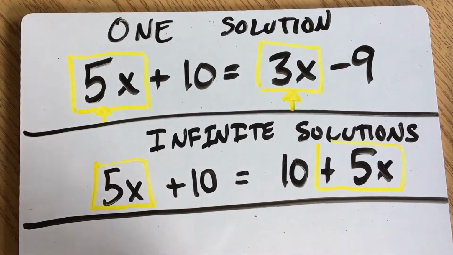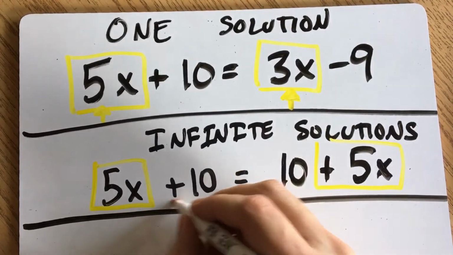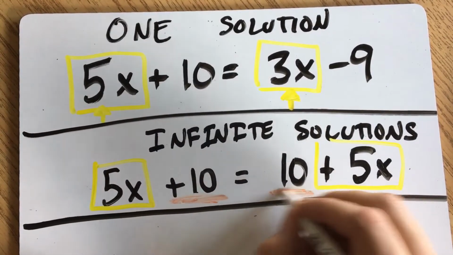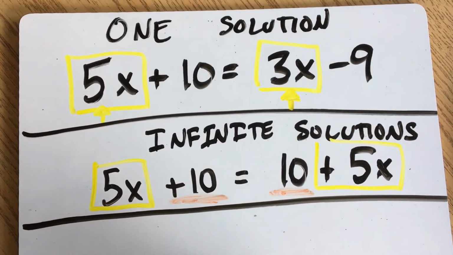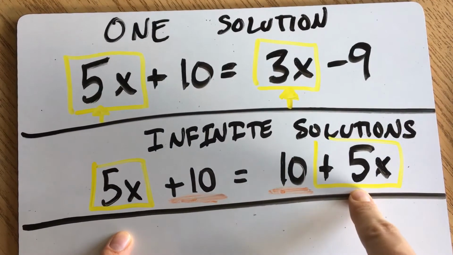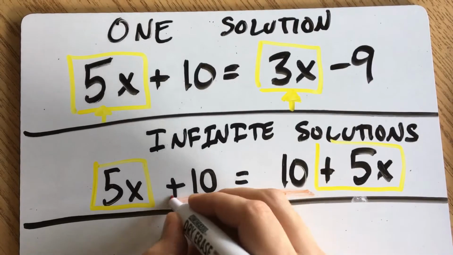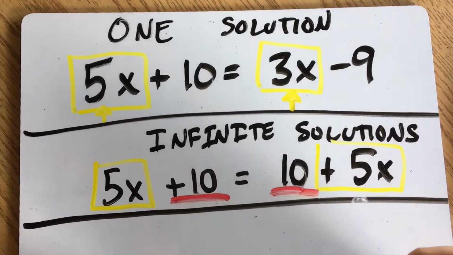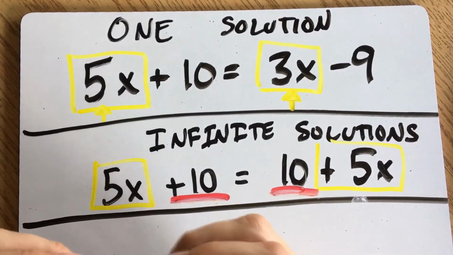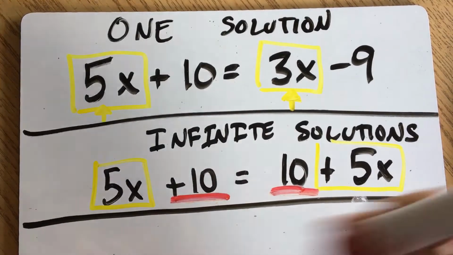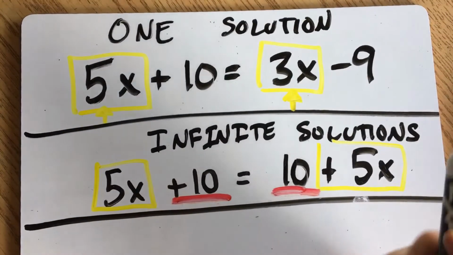Those are exactly the same. And you have the same amount of constants, right? 10 and 10. So not only is the variable part a perfect match, but the constant part is also a perfect match, positive 10 and positive 10. Identical twins, just like the people in 8th grade who are identical twins this year, right?